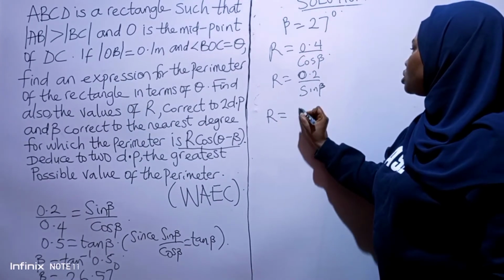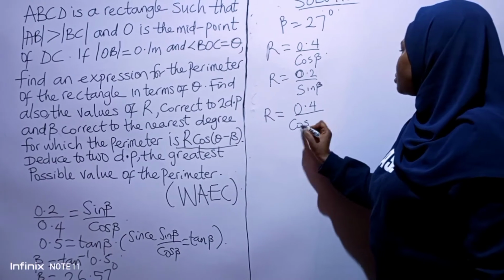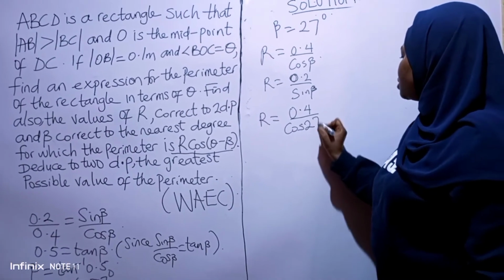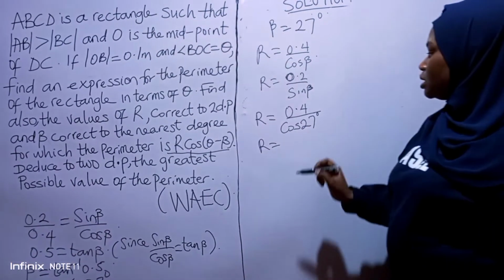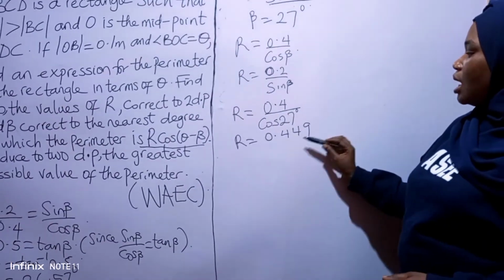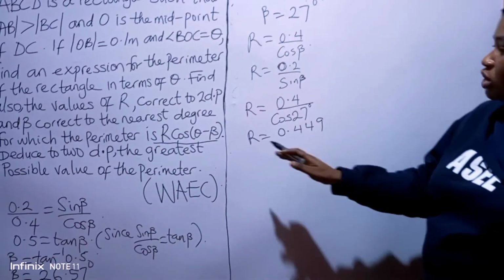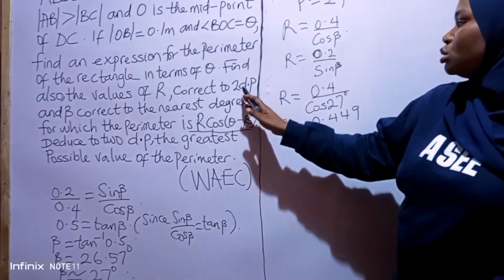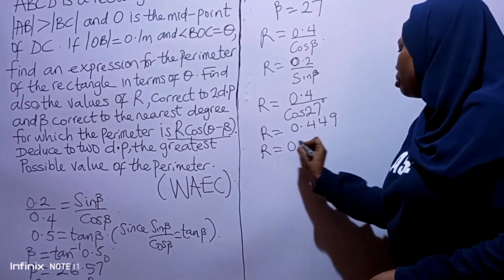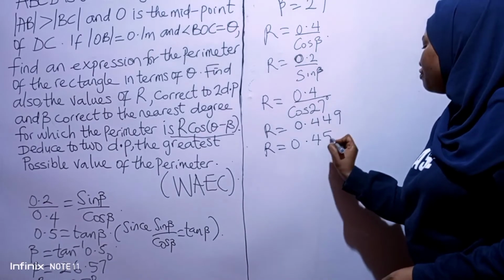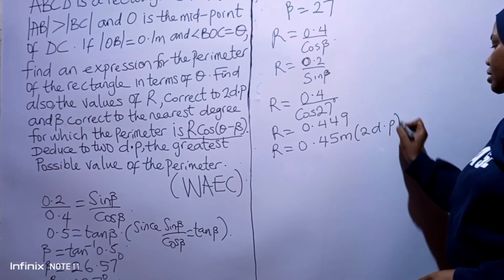R is equal to 0.4 over cos 27 degrees. Let's press the calculator. R is equal to 0.45 now. The question says we have to take it to 2 decimal places, so R is 0.45 meters to 2 decimal places.